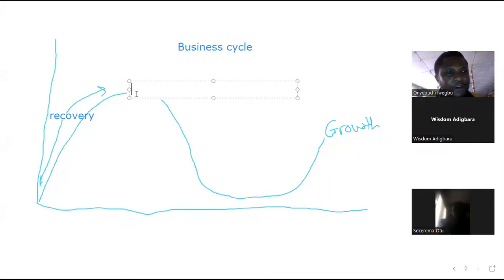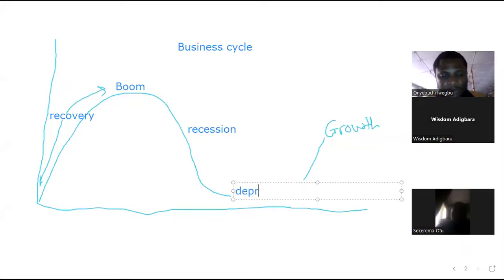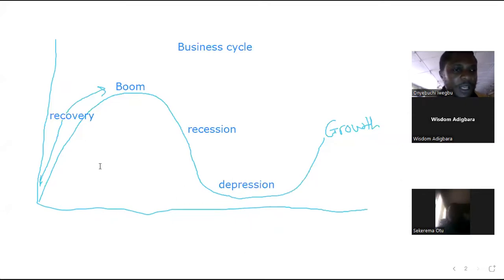Then this period is a period of boom. Then this period is a period of recession. And this period is a period of depression. Business cycle.